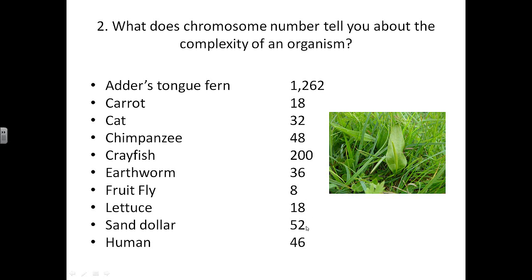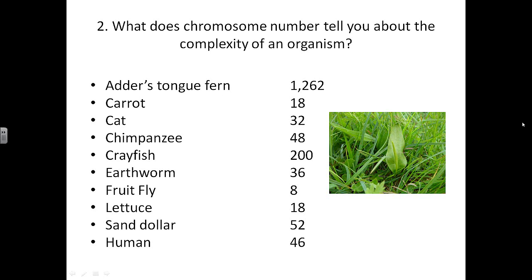Or, excuse me, it has 52? We only have 46. Why would a fern have 12,000 something chromosomes and we only have 46, and yet we think and feel and do things that ferns can't? So, chromosome number tells you nothing about how complex an organism is.